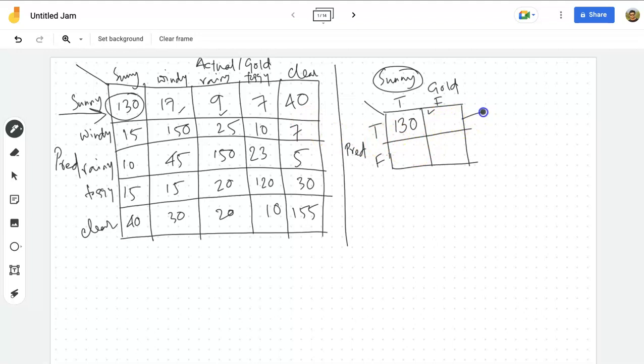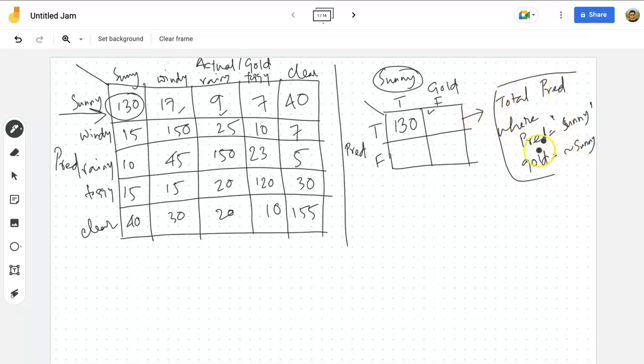So basically this cell says the total number of predictions where pred equals sunny, but gold not sunny. I'm writing a tilde to indicate not sunny. So this cell indicates this.